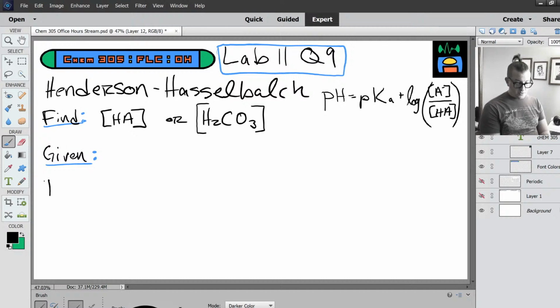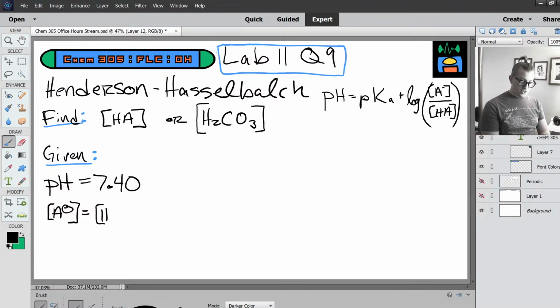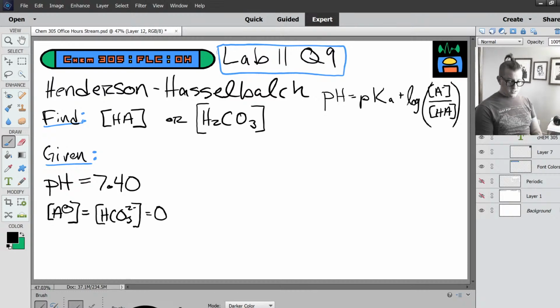We know the pH from number 6, which we just did: 7.40 is the pH of spit. They give us the concentration of A minus, which is the concentration of bicarbonate: 0.0250 molar.